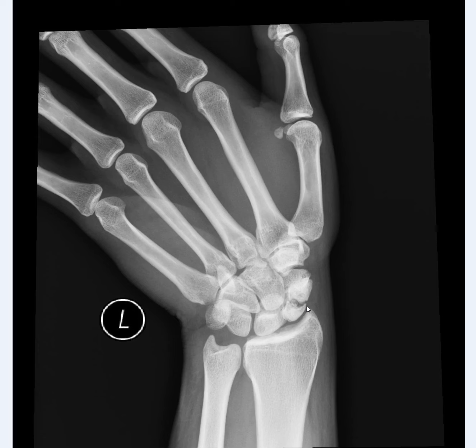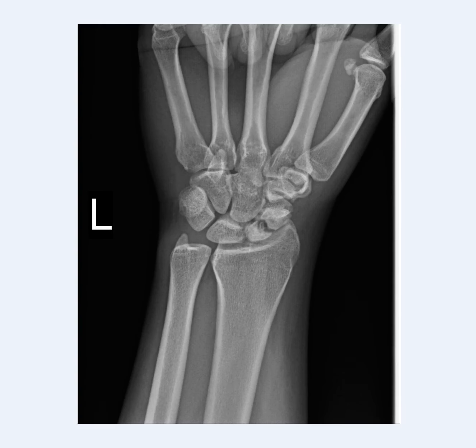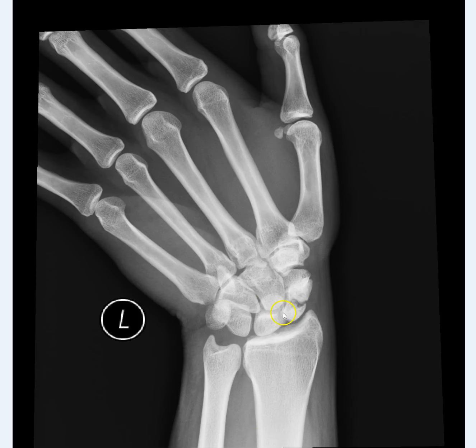And here we can see that the displacement of the fracture looks a little bit larger compared to our original AP view with the ulnar stress placed on the wrist.